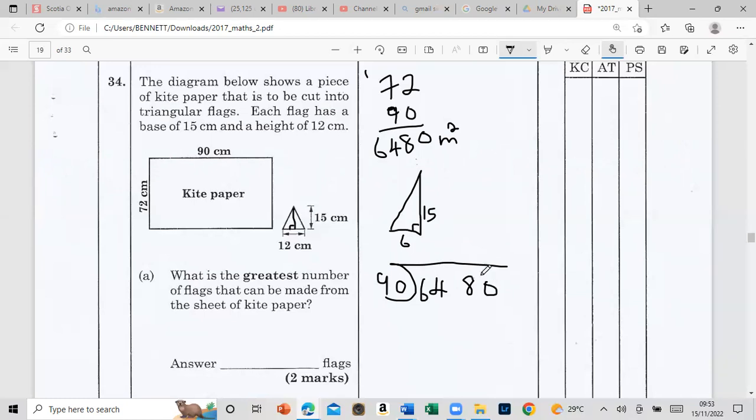Alright, so 9 sevens are 63. So that's 1.